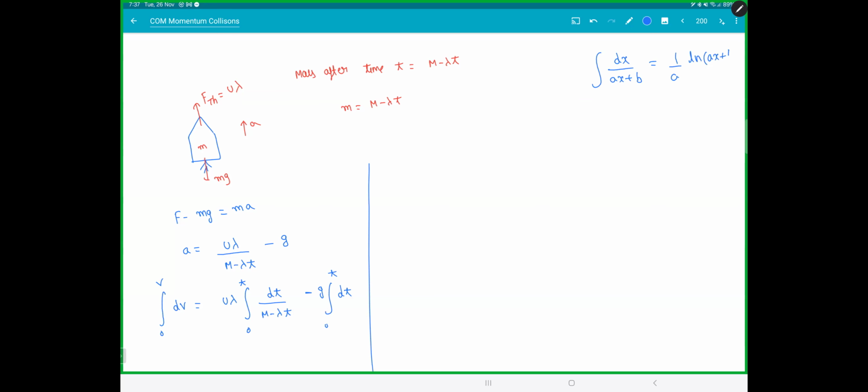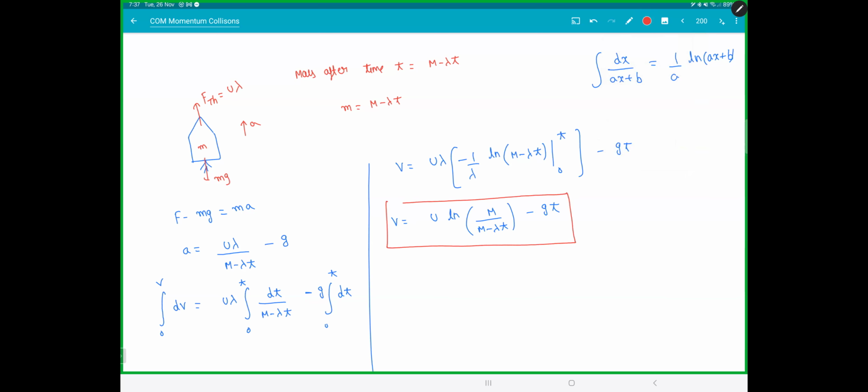This you should know. Integrate this, you end up with u lambda times minus 1 by lambda ln(M minus lambda t) from 0 to t, minus gt. This will be u ln(M by (M minus lambda t)) minus gt. There. This is your velocity as a function of time t.